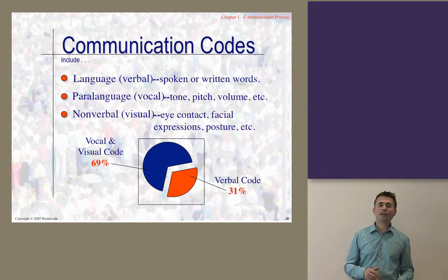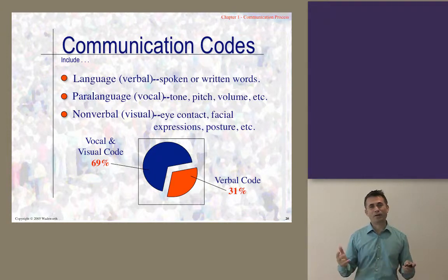And then we have this third code, code number 3, called a nonverbal code. What is a nonverbal code? Well, if you were to switch the volume of this presentation down, if you just simply get rid of any sound, it would probably look something like this.